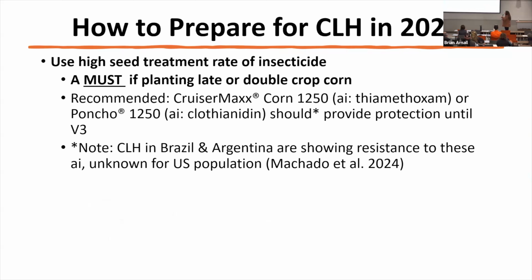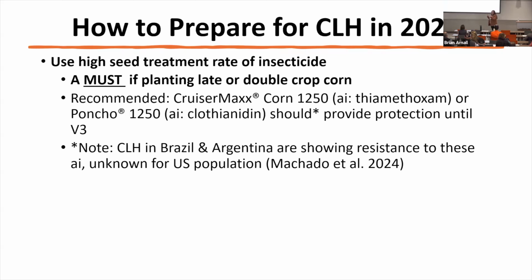So the other thing you can do is a high seed treatment rate for your insecticide, okay? I know that this is going to be a price point that's something to consider in your management practices. But if you're planting late or double crop corn, you really need to use Cruiser Max Corn 1250, or you need to use Poncho 1250.